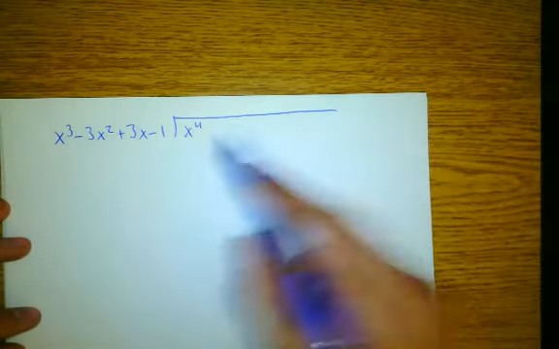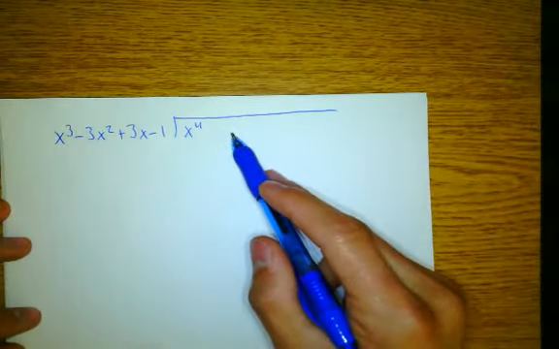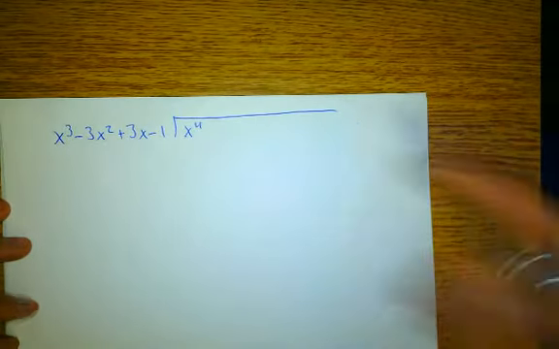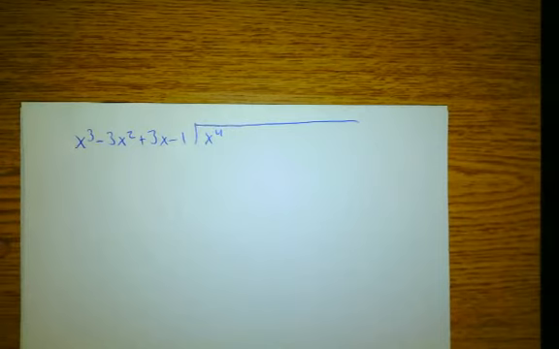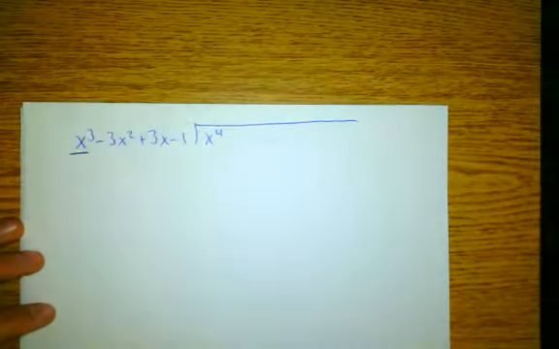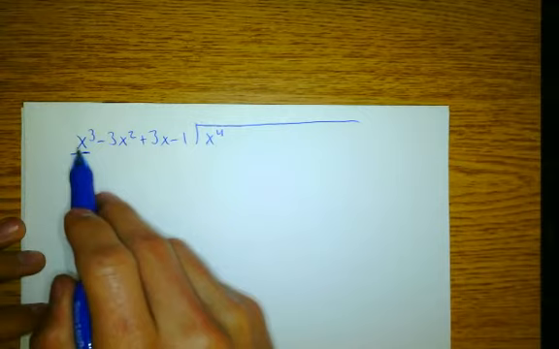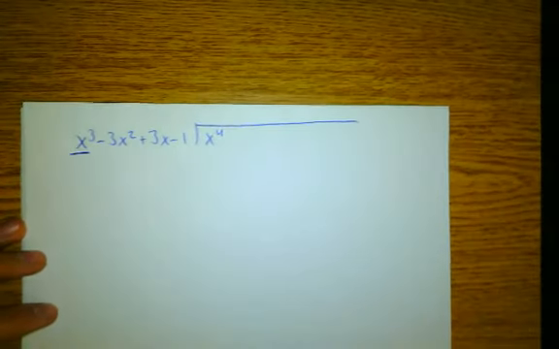How does long division work? We're going to look at this value. What is going to make this value match x to the fourth? That's what goes up here on the quotient. Now what? Multiply it out by everything, right?